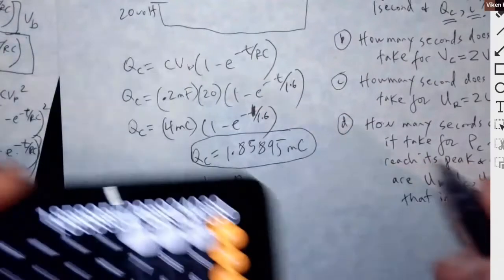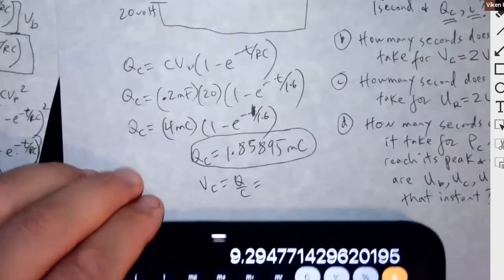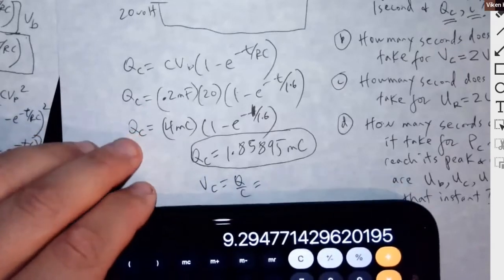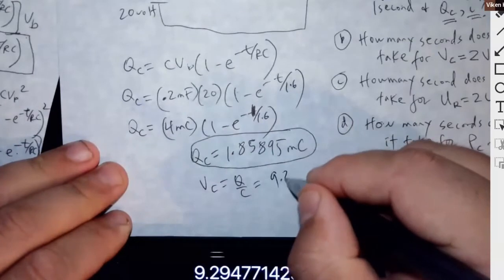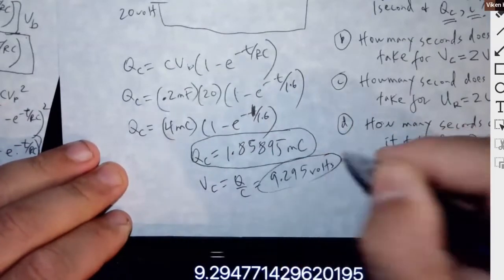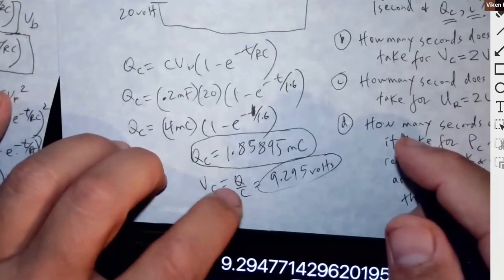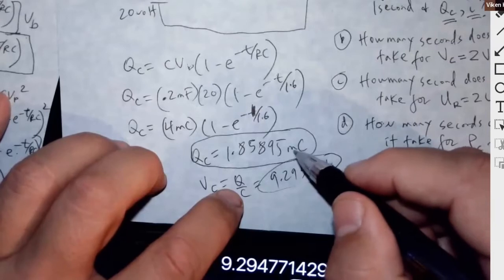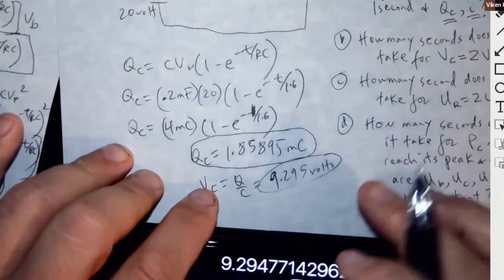So this guy divided by 0.2, 9.295 volts. Since the capacitance is in millifarads, the millis will cancel, and it's just straight up 9 volts.